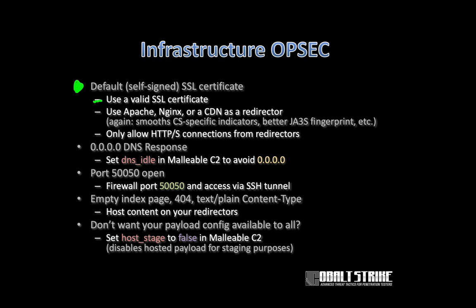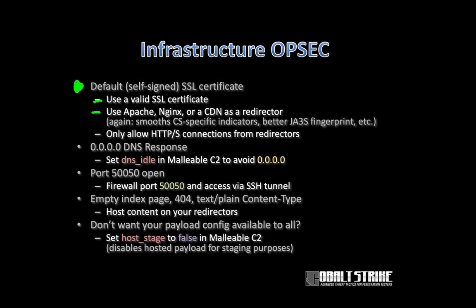I recommend that you do that. I also continue to recommend that you consider using an Apache or Nginx server or a CDN as a redirector. Again, this can smooth out some Cobalt Strike specific indicators, and it can help with your JA3 server fingerprint.